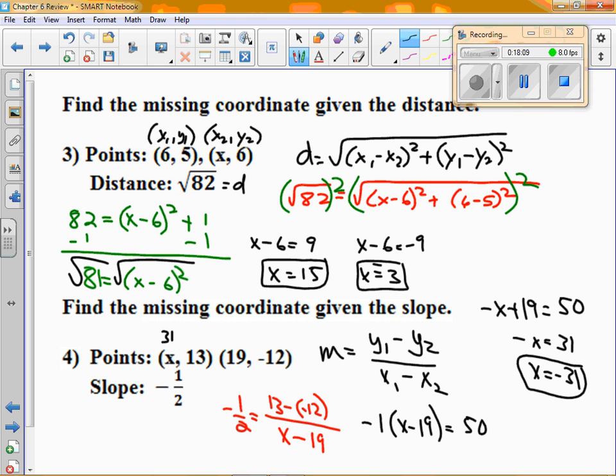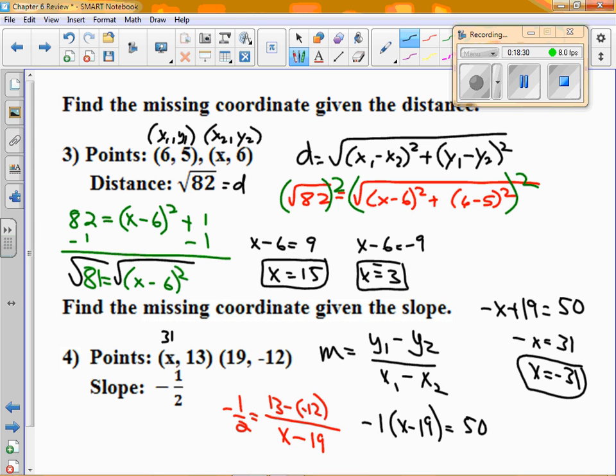See, negative x plus 19, 2 times 25, gives me 50. 50 minus 19 is 31. Oh, what's 31 plus 19?